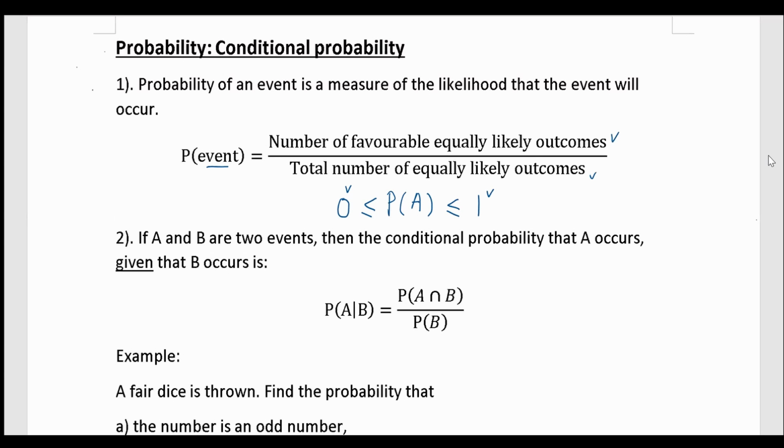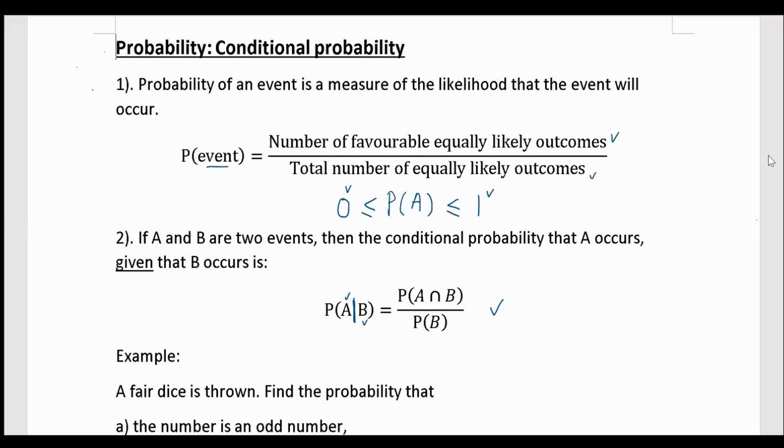Okay. If A and B are two events, then the conditional probability that A occurs, given that B occurs, is using the formula given here. The way we write it is event A, a vertical line, given B occurs.